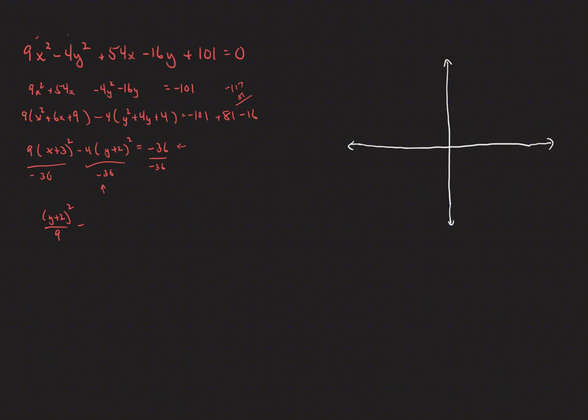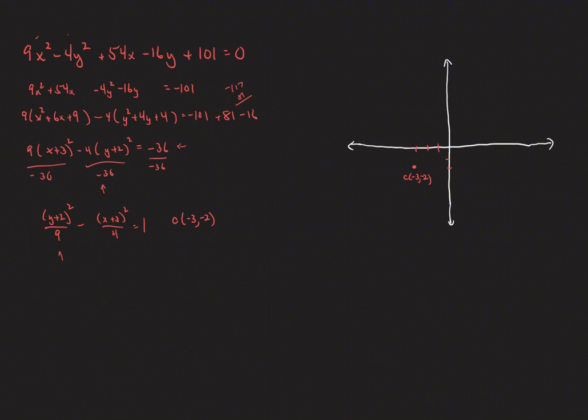That's going to make that be a minus x plus 3 squared over 4. And that's equal to 1. So our center is going to be negative 3 for the x, negative 2 for the y. And so let's see, 1, 2, 3, 1, 2. There's going to be our center, negative 3, negative 2.